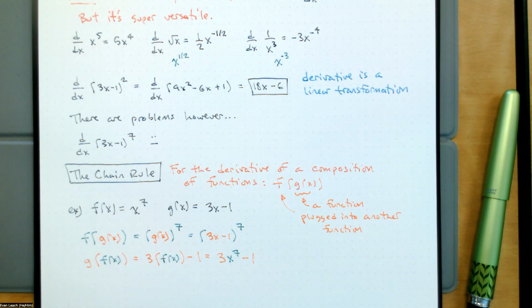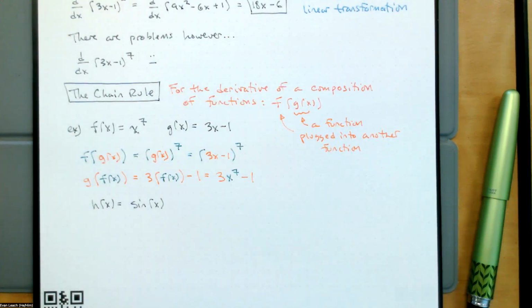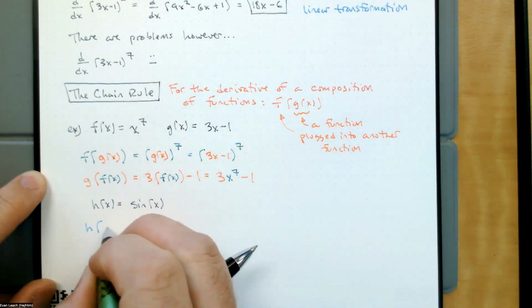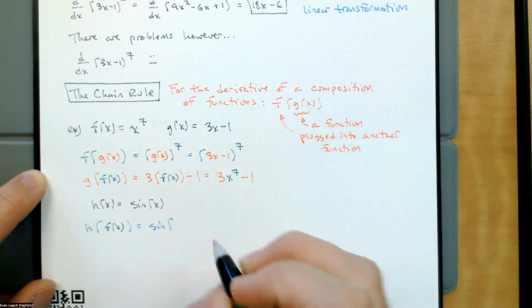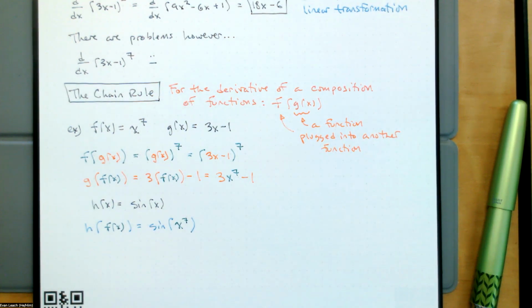If h of x was some other function, let's say h of x is sine x, then h of f of x would be sine of f of x, which is sine of x to the 7th, because h of x says sine of the thing.